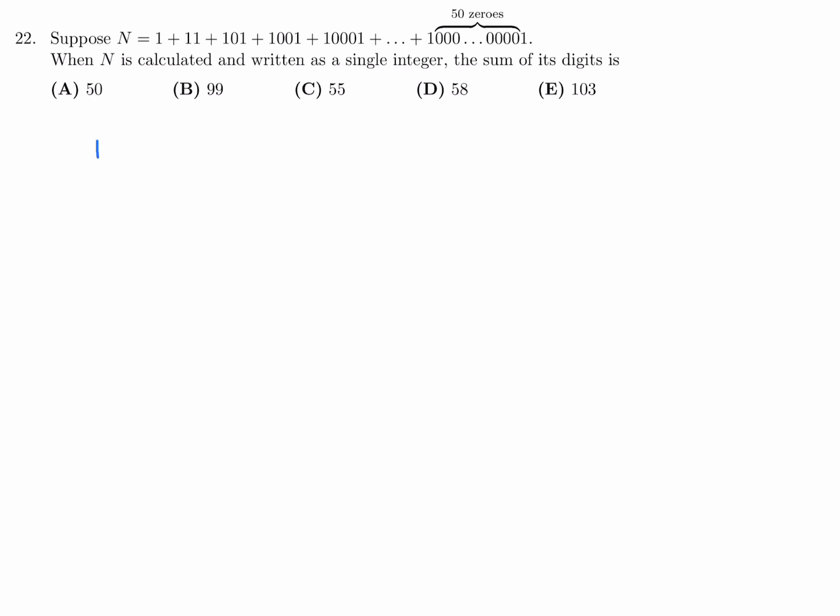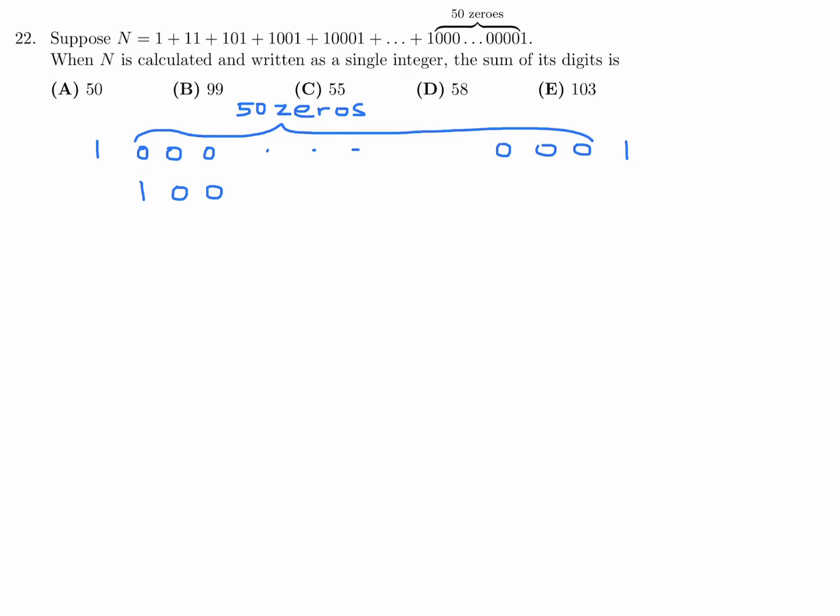So what I'm going to do is write out these numbers one on top of another, kind of like the way you learned addition when you were in grade 1 or kindergarten. So the first one is this guy right here. Just how they put it, I'll just say 50 zeros. And then the next one that's a little bit smaller will look like this, right?